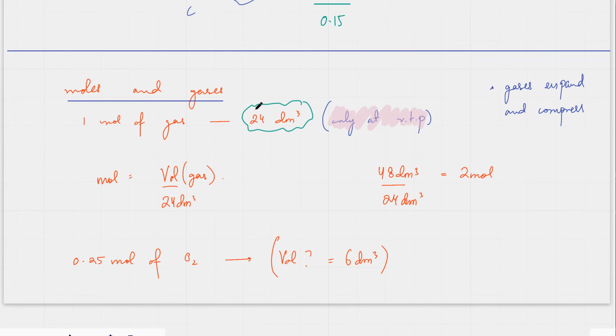So they might give you a different molar volume depending on the condition. So you just start using a different molar volume in the same formula. Is that clear as well? Yes. But we're going to do the other types of questions later on, not right now. Right now, we're just going to focus on this 24 dm cube thing.